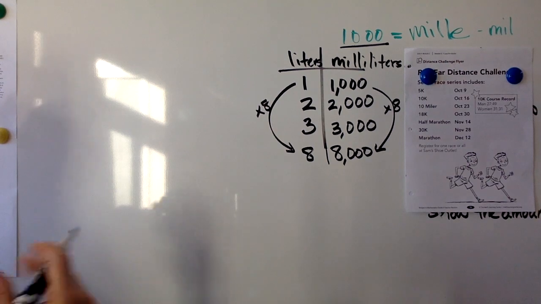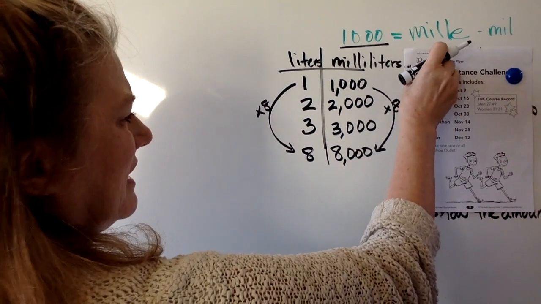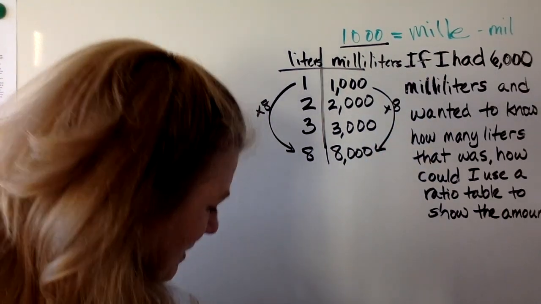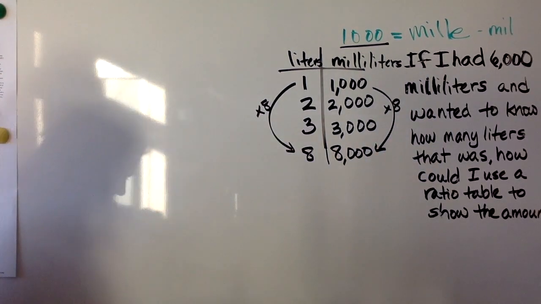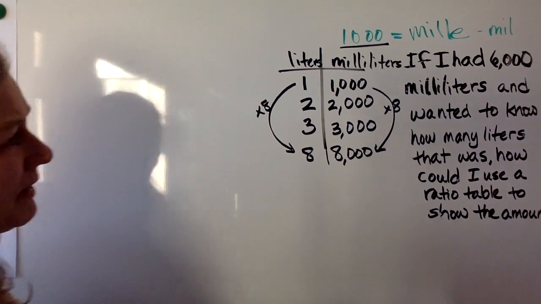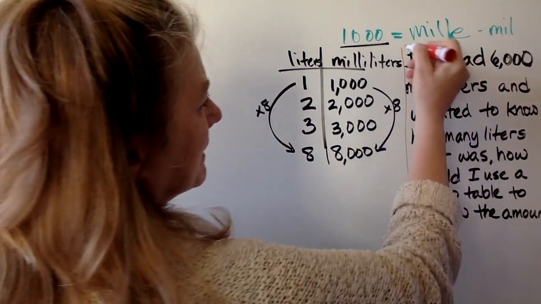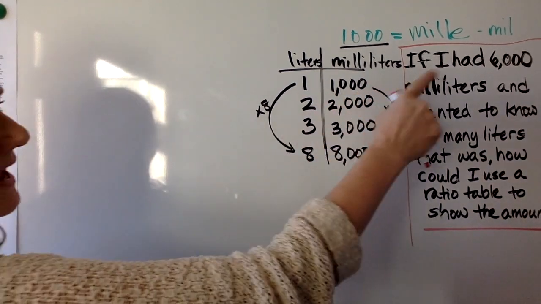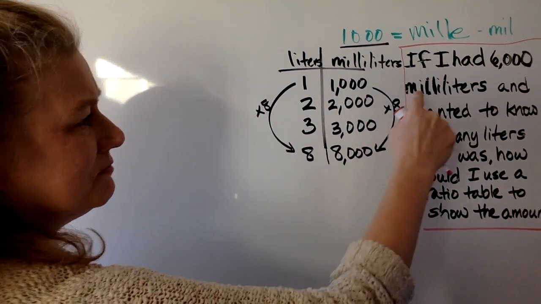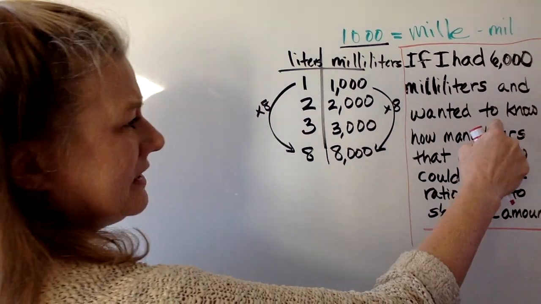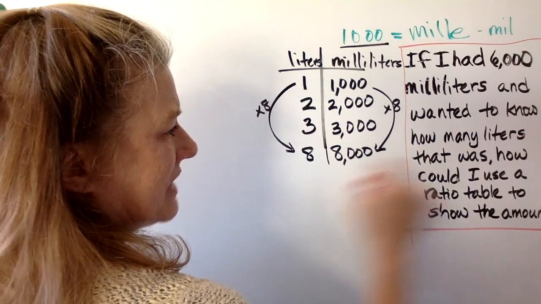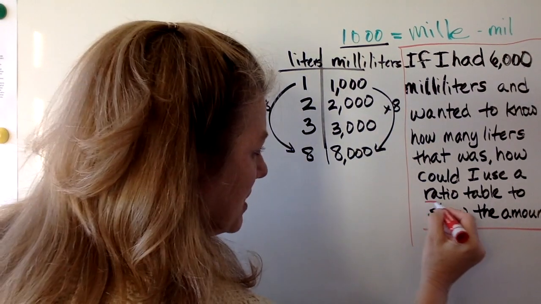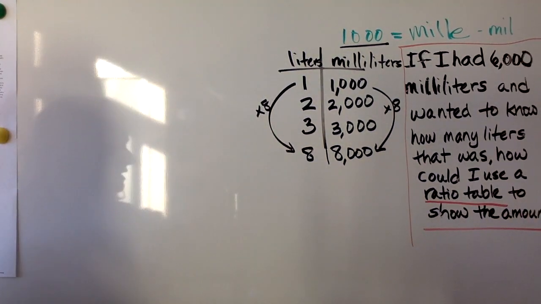Okay. What about if I have a question, and I just happen to have this question right up here. Let's put kind of a box around it so you can see it a little better. If I had 6,000 milliliters and wanted to know how many liters that was, how could I use a ratio table to show the amount?